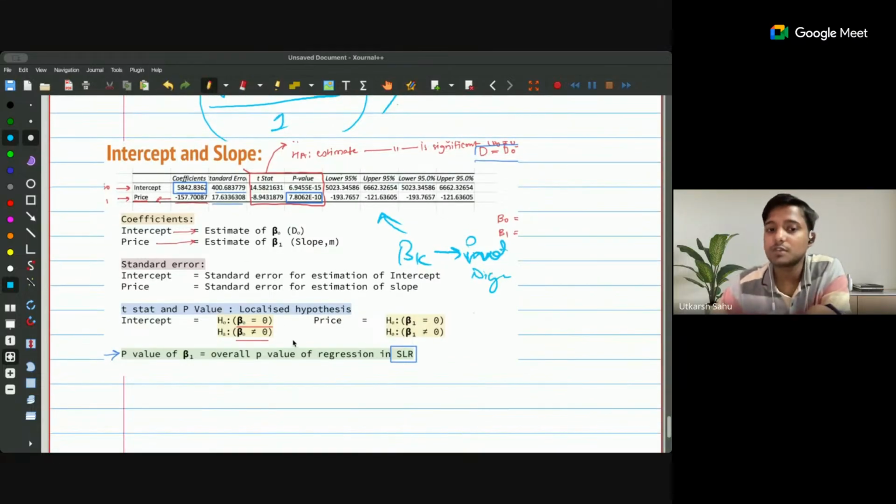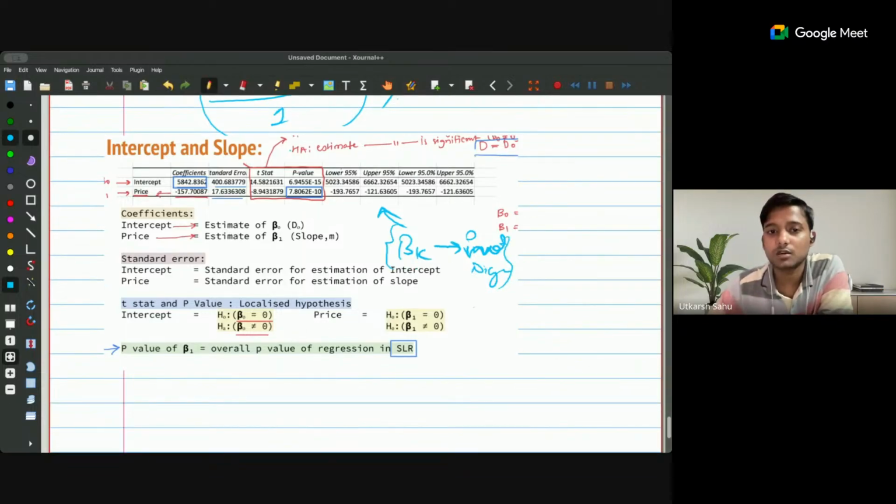So accordingly your p value should be good, so that you can reject it, because your null hypothesis, let's say the first hypothesis, would be my intercept is not significant. Here it would be the slope, let's say beta 1 is not significant. So these are my null hypotheses.